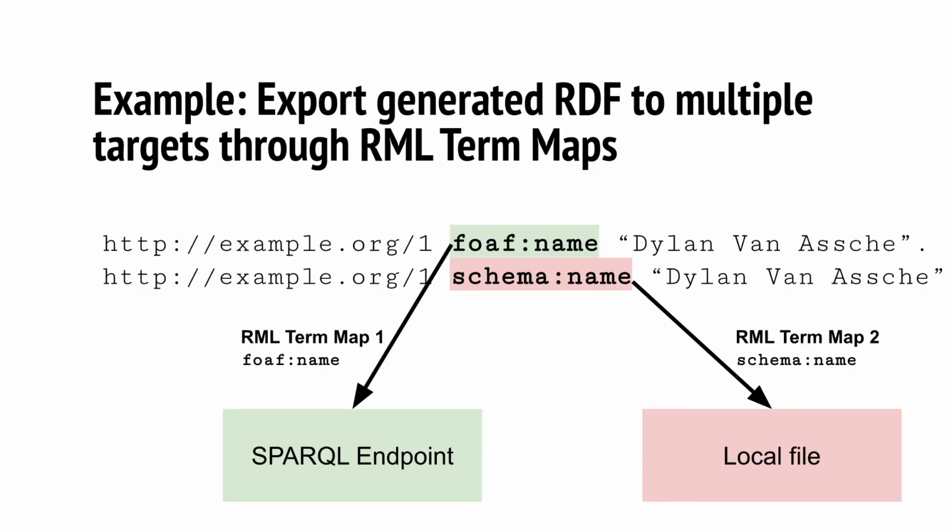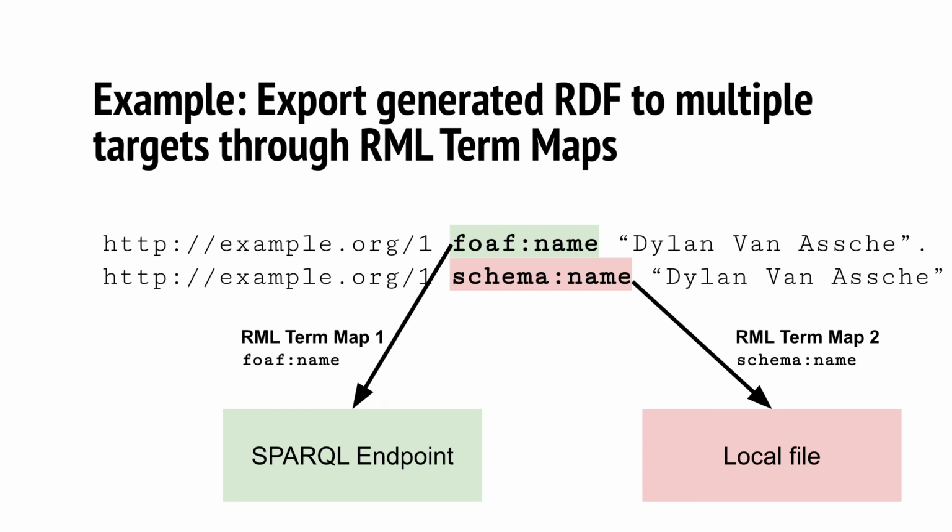So if you put this in practice, we have here two triples, namely one with predicate FOAF name and one with predicate schema name. In the first RML term map, we define a predicate FOAF name and define a logical target as a SPARQL endpoint. So each triple using FOAF name will be exported to the SPARQL endpoint.